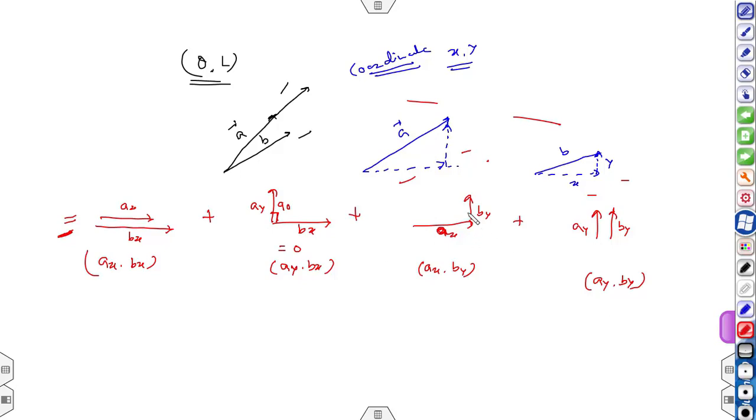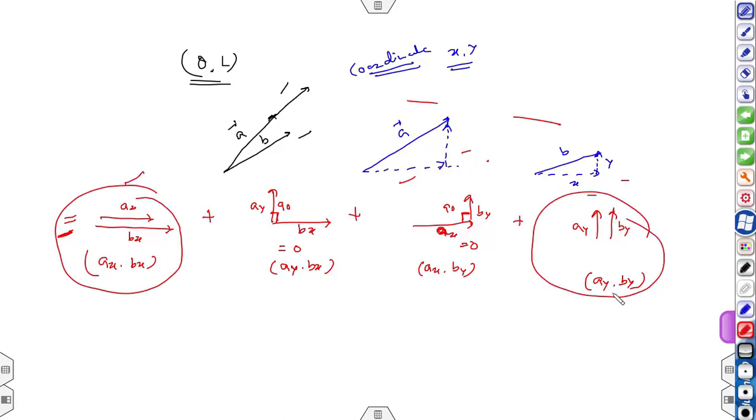Similarly, the angle between these two vectors is 90, so the dot product value will be 0. Ultimately, only these two values are left, so we can replace the dot product of these two vectors by using this operation.